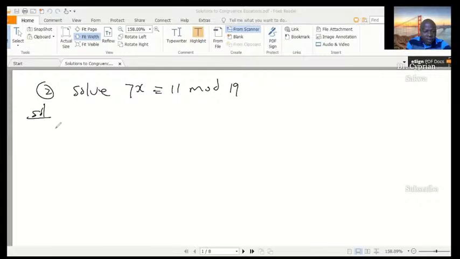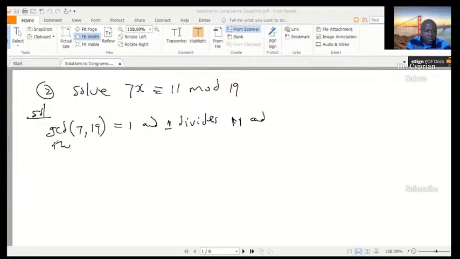So I find the GCD of 7 and 19 and see if that GCD divides 11. Of course, this GCD is 1 and 1 divides 11, and so the congruence has a solution. The congruence has just one solution because the GCD is 1.